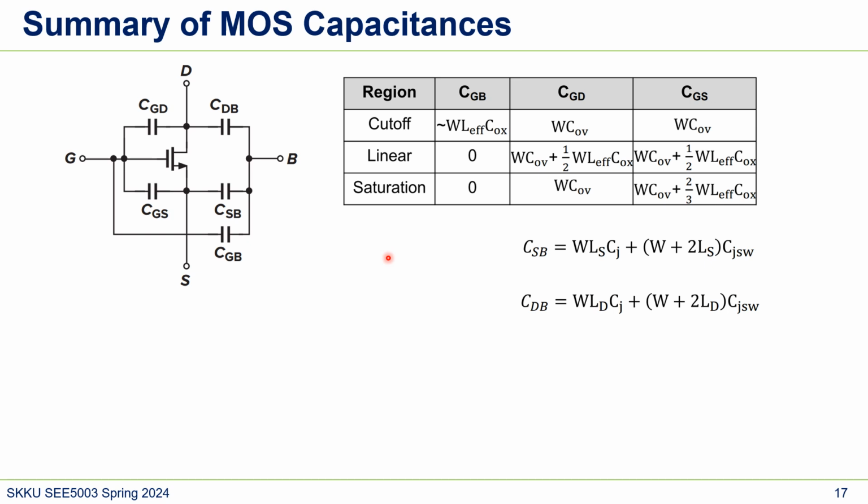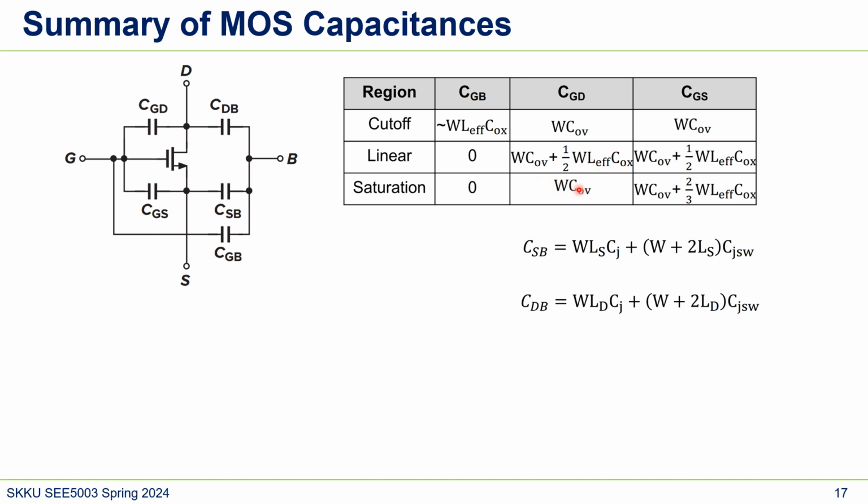The inversion layer is the channel, because the gate voltage is high enough. The inversion channel works as a shield, so there's no capacitance. And then for CGD in cutoff, we're just seeing the overlap capacitance, but in linear, we divide the gate-to-channel capacitance equally.